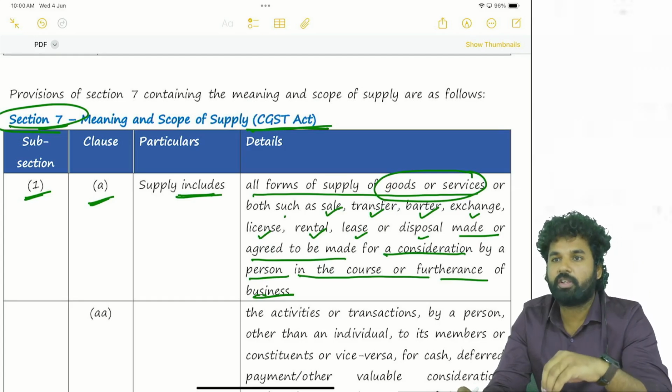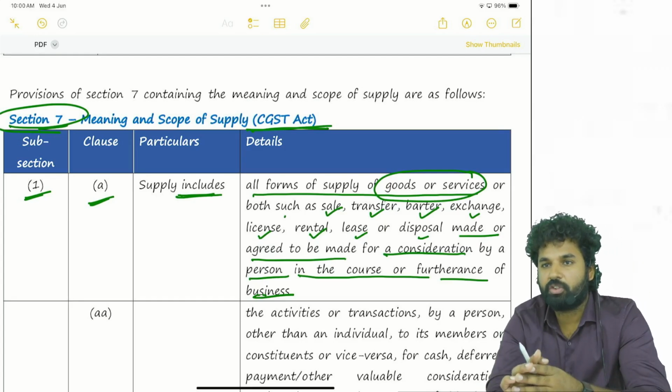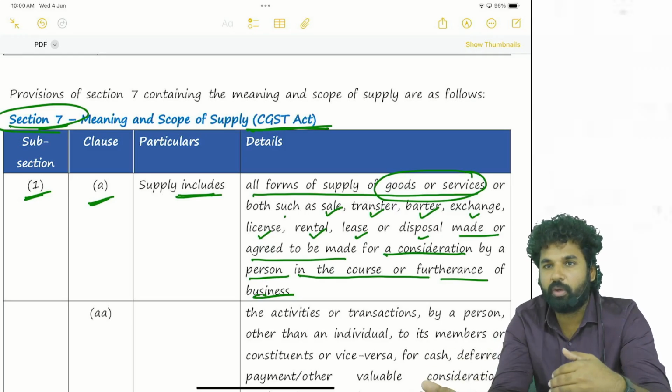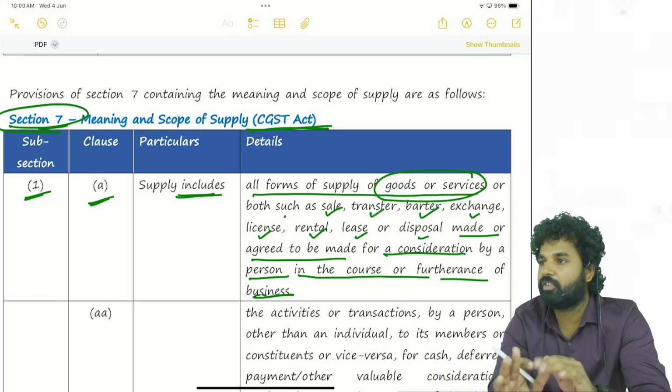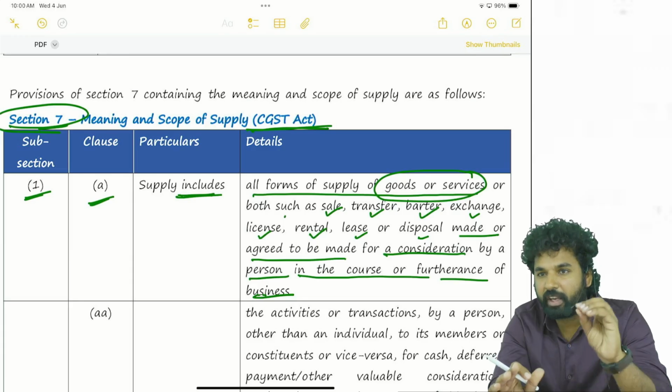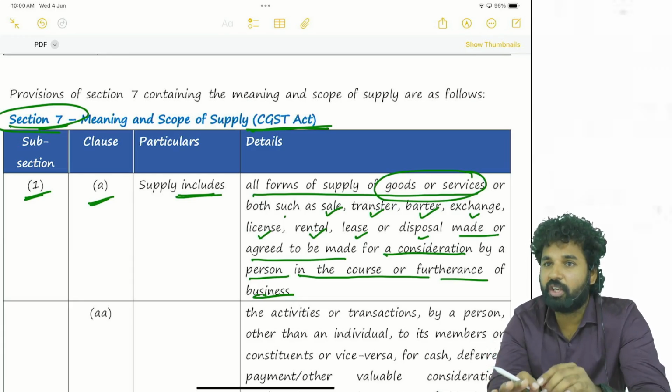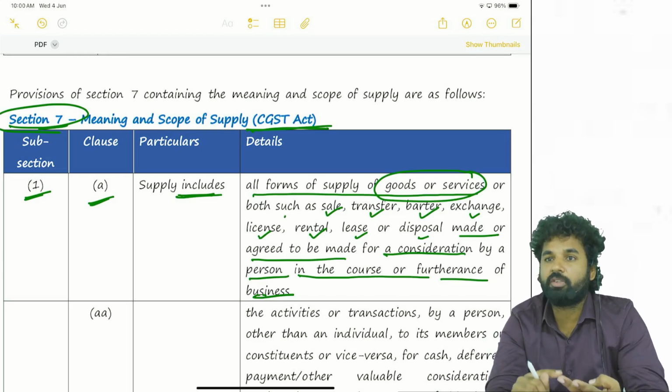So far we are discussing some transactions, and we have taken those as sale only. A mobile shop dealer is there. He is selling a mobile phone to a customer. Likewise, we have taken some examples, so that means we have taken sale examples only. It is not that just the sale transactions are under the definition of supply and under the scope of GST.